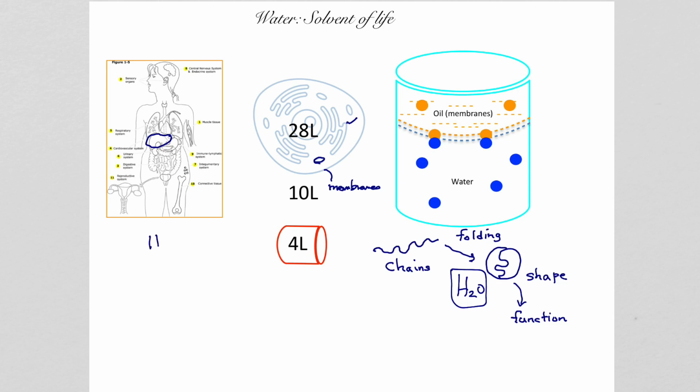Water can dissociate to give you acid, H+, or base, OH-. So water has a buffering capacity. So it can help us withstand strong acids or bases and protect us against the dangerous effects of acids and bases.